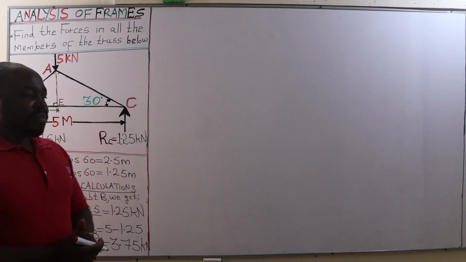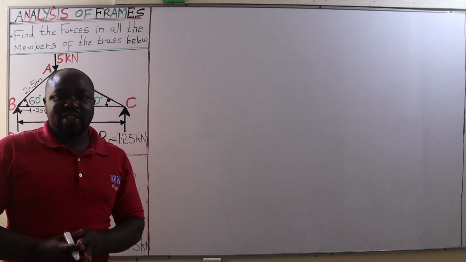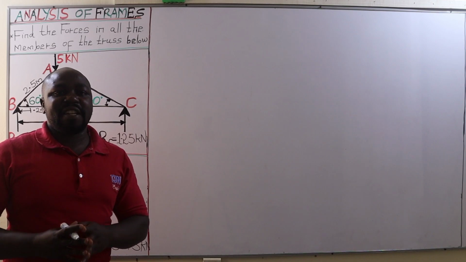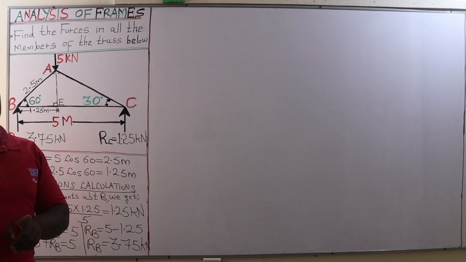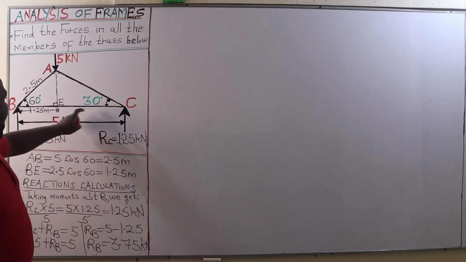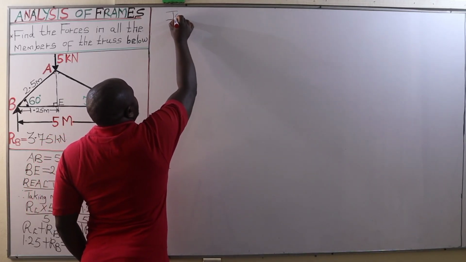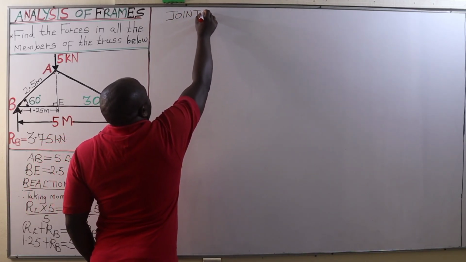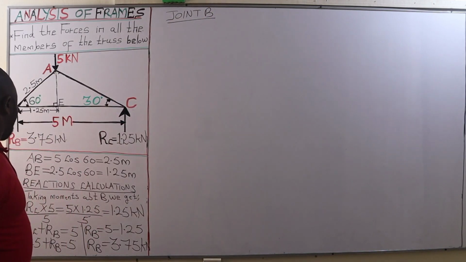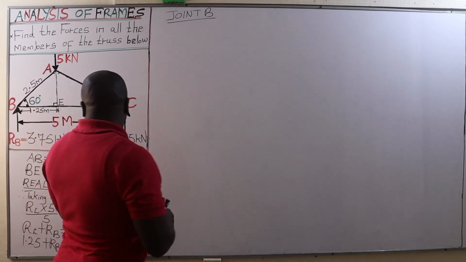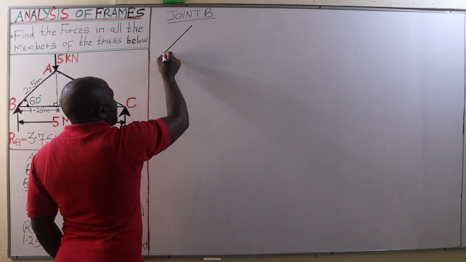From there, we are going to go to calculation of the forces in different members of this truss, and we are going to consider two joints, joint B as well as joint C. Therefore, starting with joint B, when we consider joint B and we try to sketch it here, we are going to have something like this.